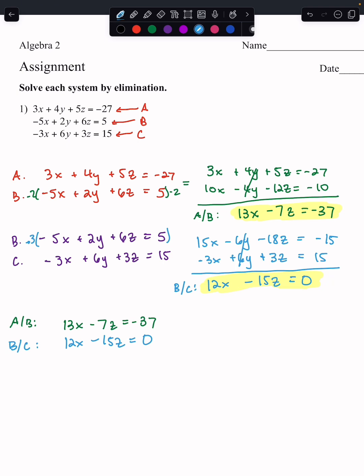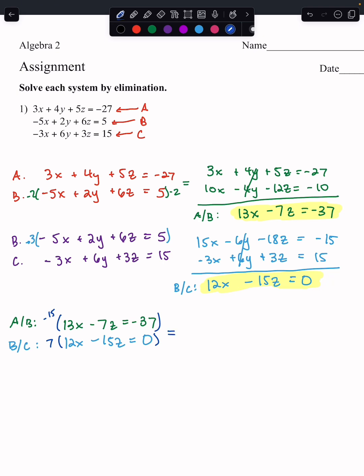For this one, I think I'm going to cancel out the z's. To do that, I'm going to multiply the top line, because remember, one of them has to be negative, one has to be positive, by negative 15. And I'm going to multiply this bottom line by 7.